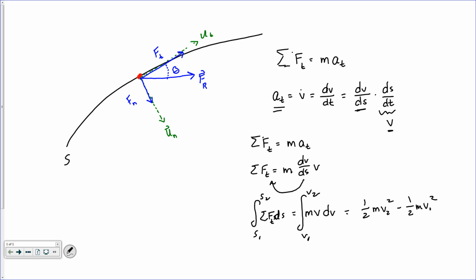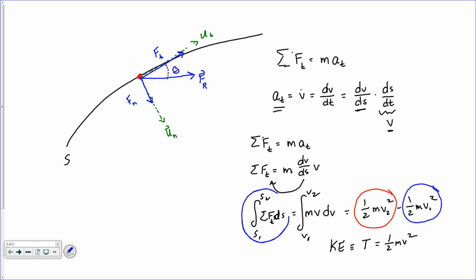Now, this collection of properties is called kinetic energy. Kinetic energy, which the book likes to use capital T. Capital T is always equal to 1/2 mv squared. So you have your final kinetic energy minus your initial kinetic energy is equal to this whole nasty thing.